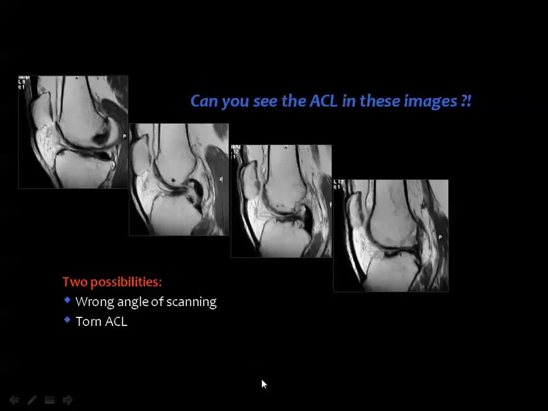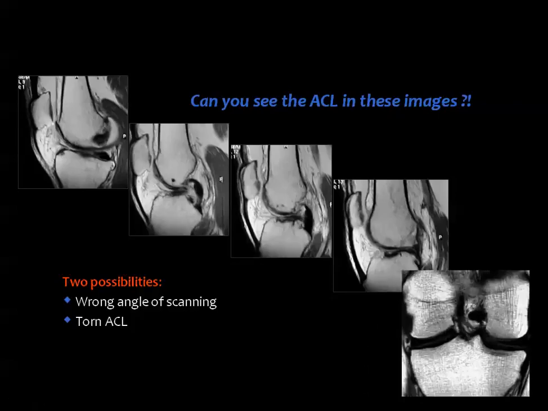Then in the beginning era of MRI, we used to bring the patient back and sit beside the technician to set the right angle for ACL identification. But now you can easily look in the coronal image in the intercondylar notch.